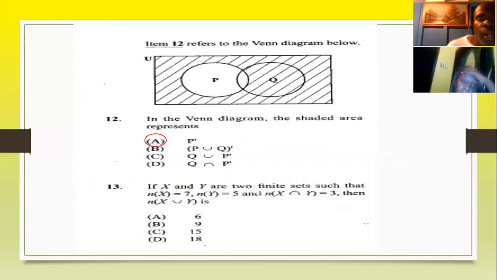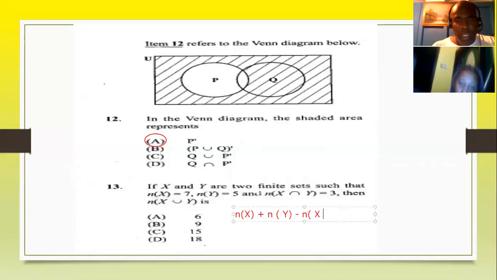All right, let me assist you. Ready? Now, if the number of elements in set X is equal to 7, you will simply add, see the formula, this plus the number of elements in set Y, minus the number of elements in set X intersect Y. Good?